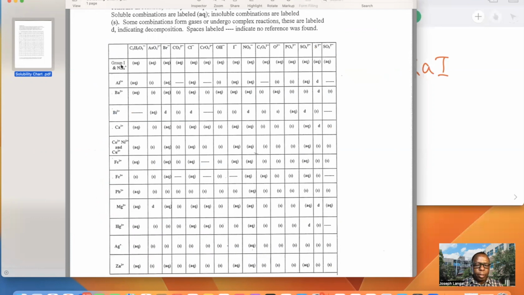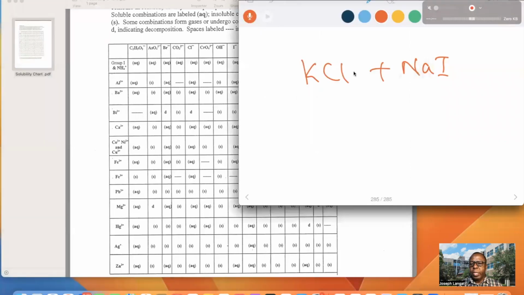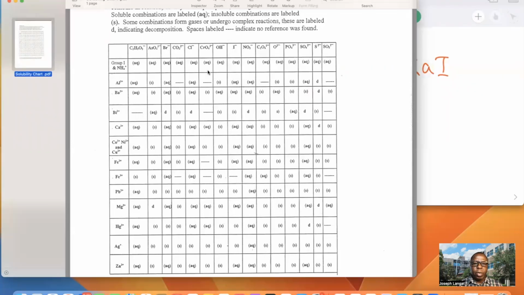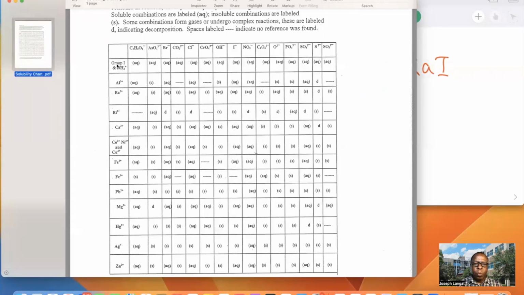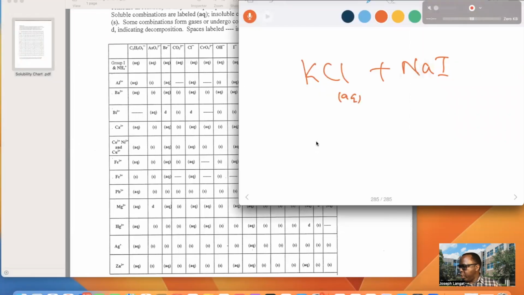Potassium is in group 1, so let me see where it intersects with chloride. It's right here. It is aqueous. And how about sodium iodide? Sodium is still group 1. I don't see sodium here, but it belongs to group 1. So for sodium iodide, group 1 sodium and iodide here, this is aqueous.